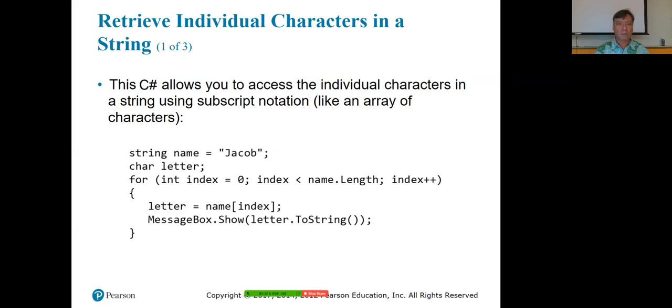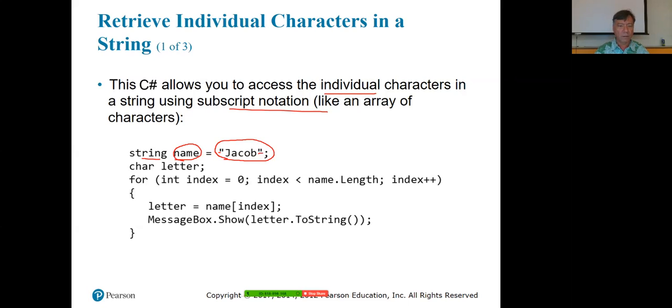And C# allows you to access the individual characters of a string by using this subscript notation. So this is convenient. It can be confusing, but it's convenient. If you have a string, and the name of the string is called name, and it equals these 5 characters here using double quotes, so it's a string.